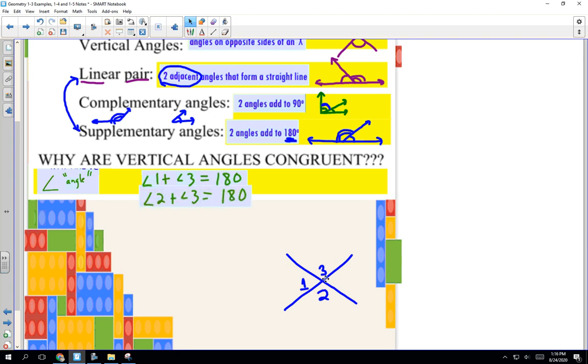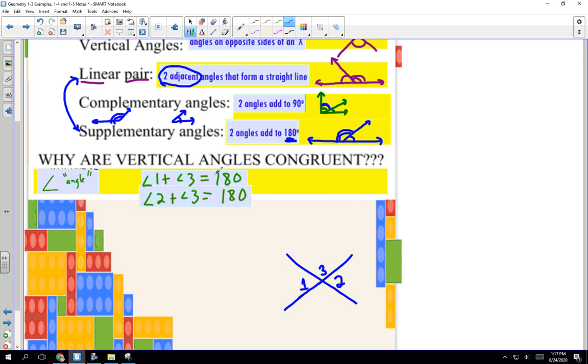Sorry, my angle is in the wrong spot. Angle 2 is supposed to be right here. So angle 1 and angle 3 add up to 180. Angle 2 and angle 3 also add up to 180 degrees. When we combine them together, they make a straight line.